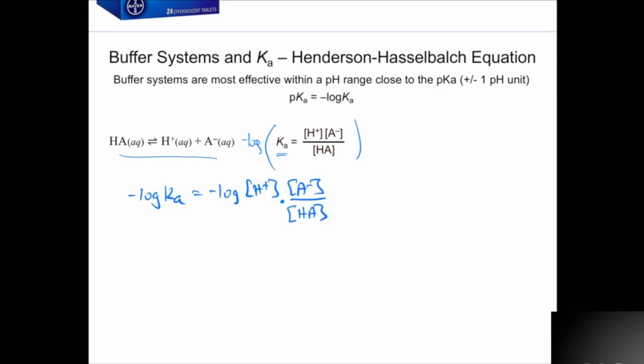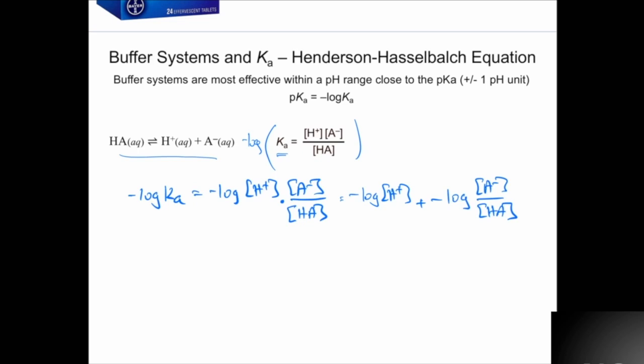But I wrote it this way so that I can separate that out into minus the log of H plus, minus the log of A minus divided by HA. That's just how logs work. It's one of the identities of logs.